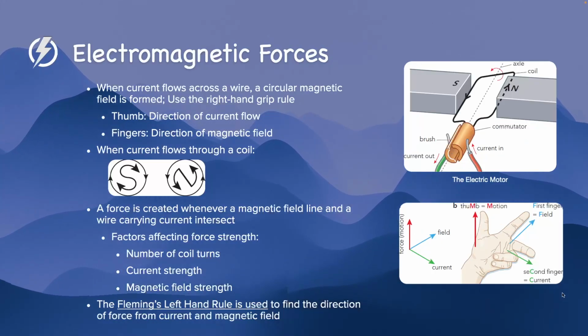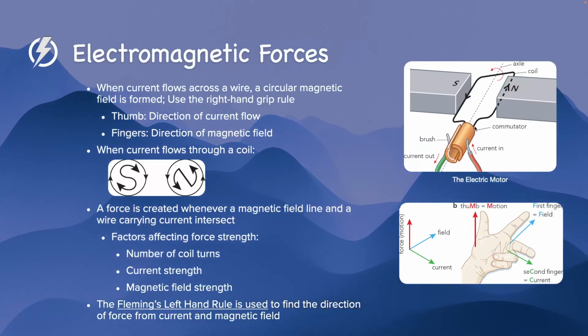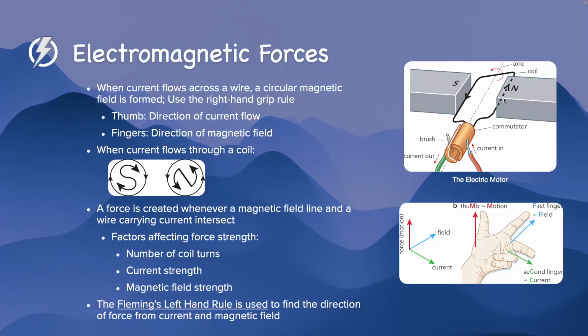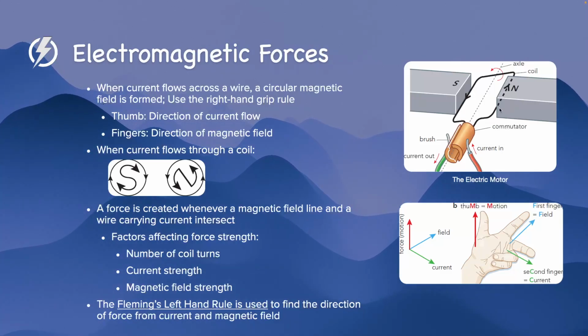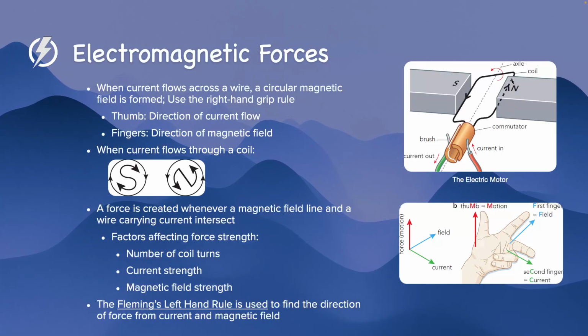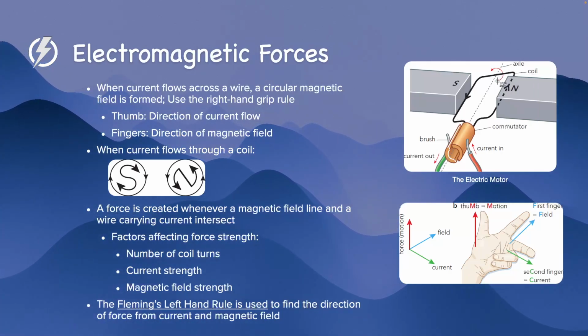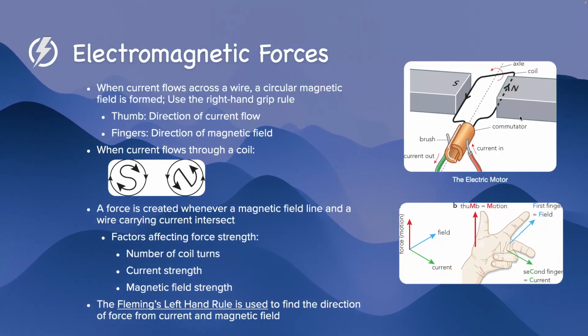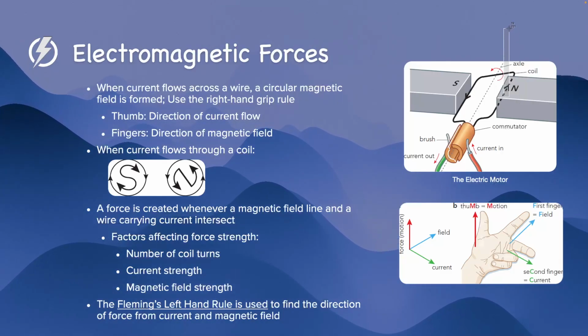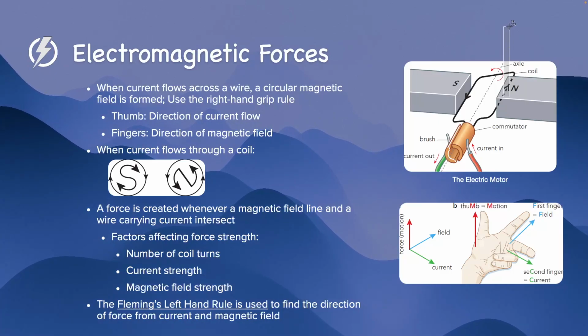left-hand rule. So you can see that magnetic field and current can be used. For example, the magnetic field here would be leftward, and the current passing would be, for example in this part, frontward. You can see that the force applied on this part of the coil would be upwards because of Fleming's left-hand rule.